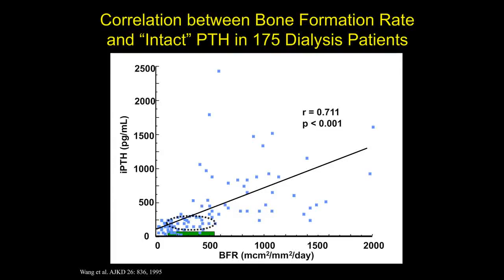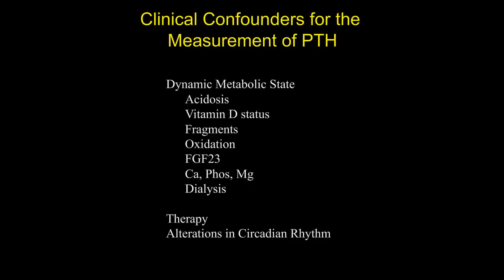If we look at, again, the use of parathyroid hormone to predict bone formation rates, as you can see here, the green area is the normal bone formation rate. It's very difficult; parathyroid hormone has not been very helpful in identifying patients with either low or high bone turnover.